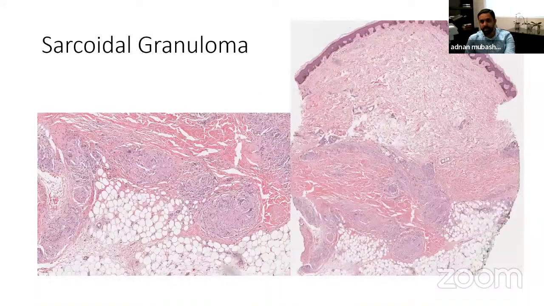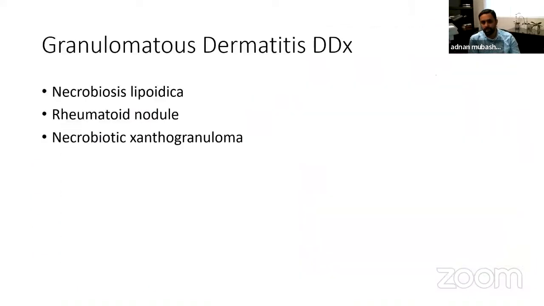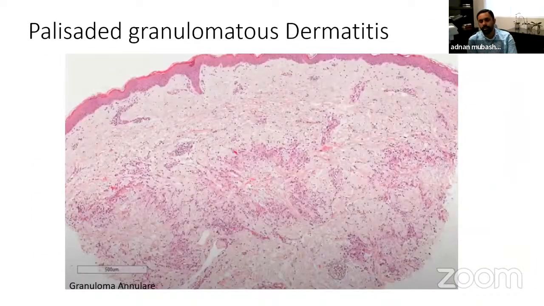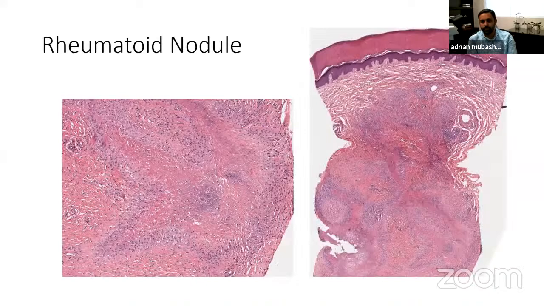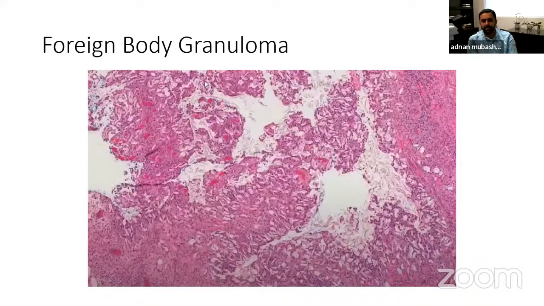Then you have sarcoidal granulomas. They again have a specific morphology. They have multinucleated giant cells, and they look very compact. They're very different looking than the palisaded granulomatous inflammation. And then lastly, you have foreign body giant cell granulomas. You can see that there are so many clefts, and those clefts mostly contain keratin.